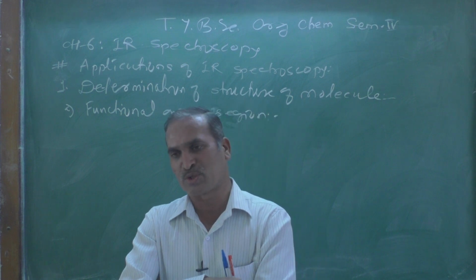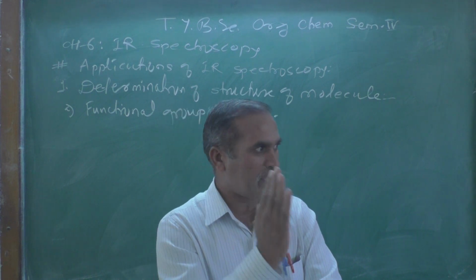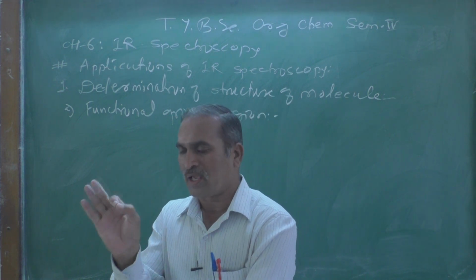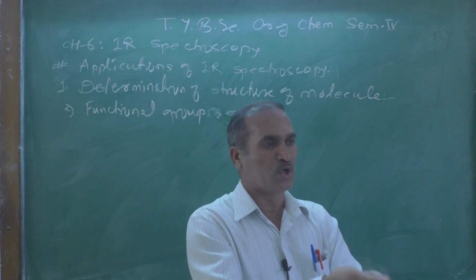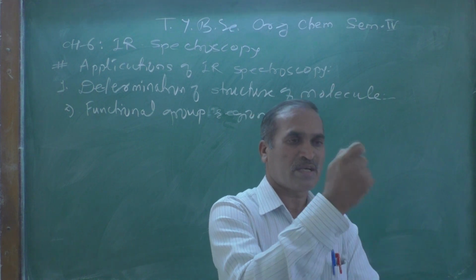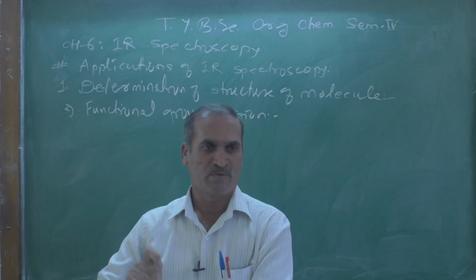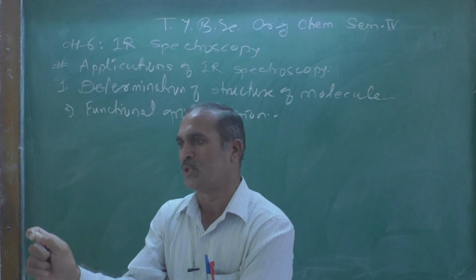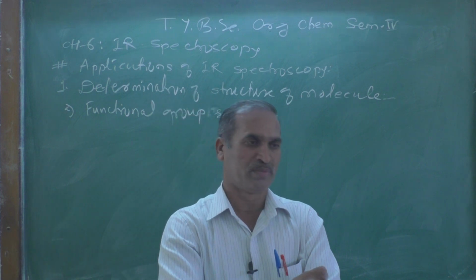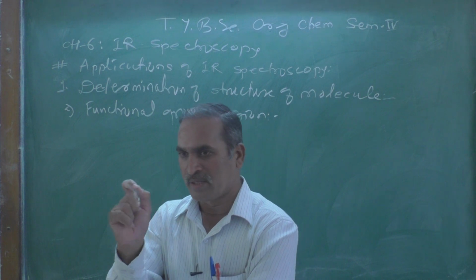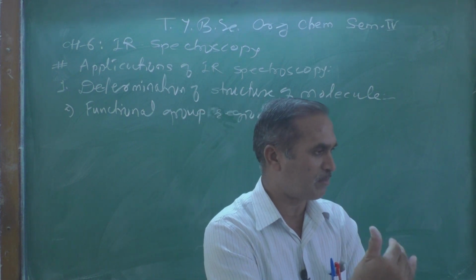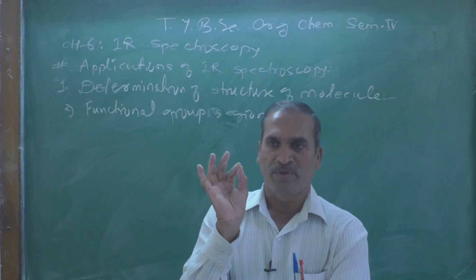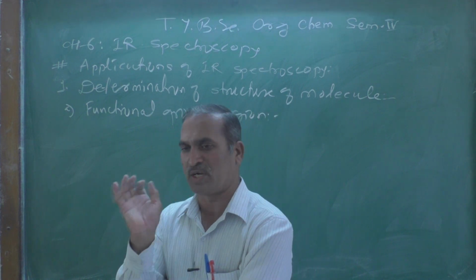But by IR spectroscopy, by observing a particular peak, an organic chemist definitely knows that this peak corresponds to this functional group. For example, for the carbon-carbon double bond of an aromatic compound, the peak appears around 1500 to 1600 per centimeter.